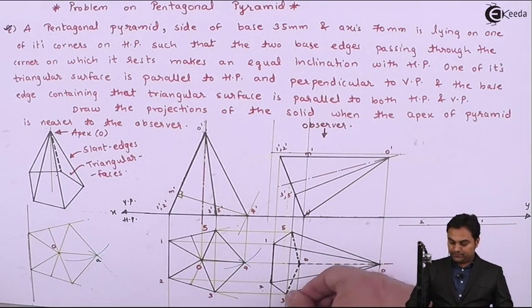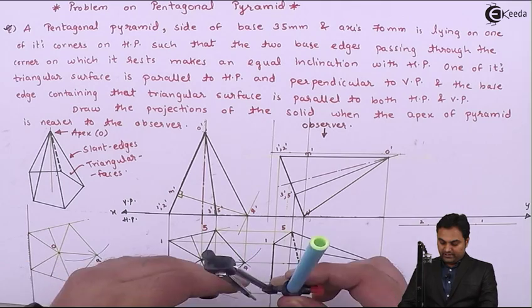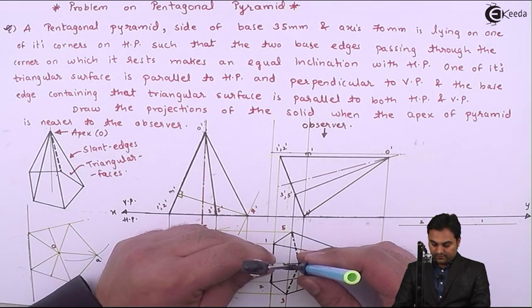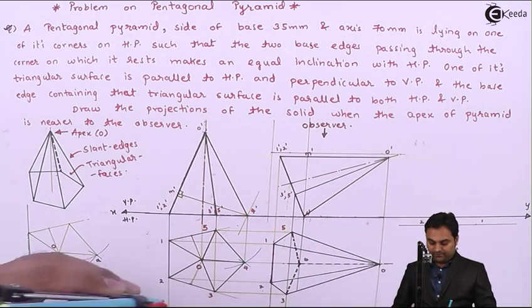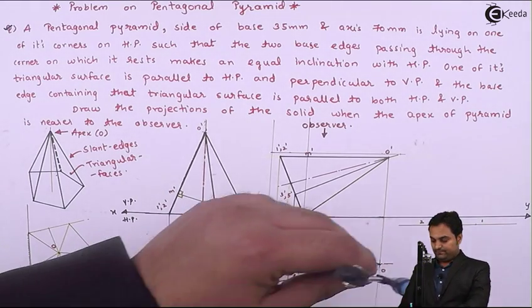Then I require these points 3 and 5. For that I'll measure the distance between edge 1 to 2 and this vertical edge which contains 3 and 5.